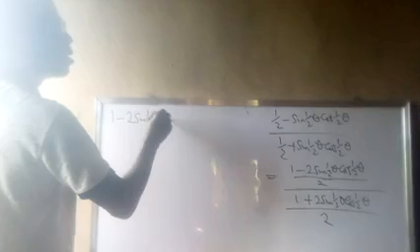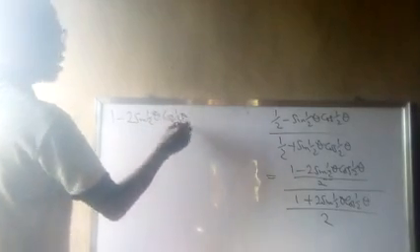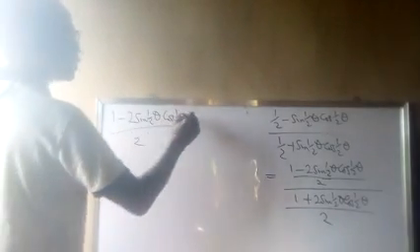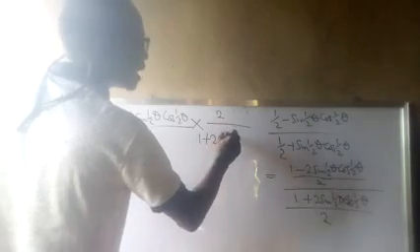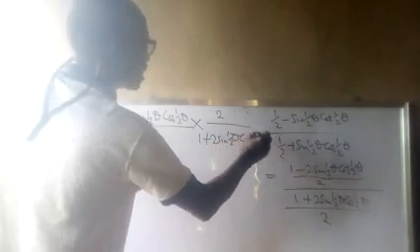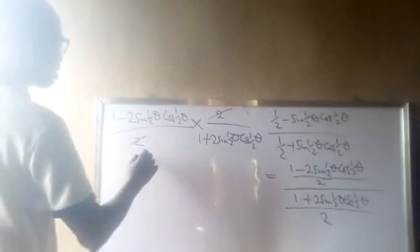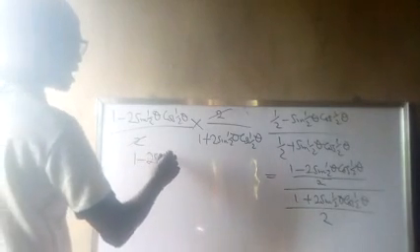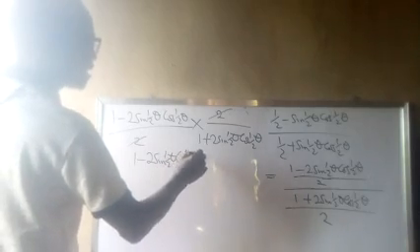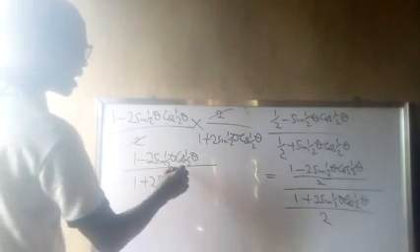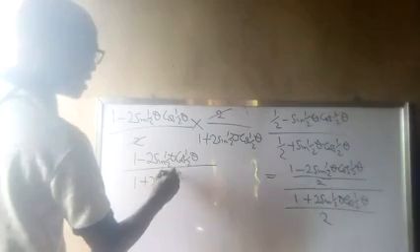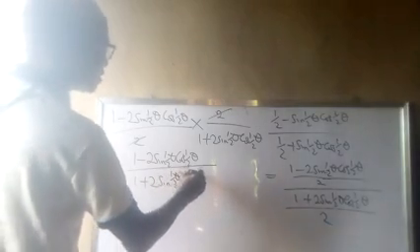How? Let's look at it. So we have 1 minus 2 sine half theta cos half theta all over 2, multiplied by 2 all over 1 plus 2 sine half theta cos half theta. So this will cancel this. So you have 1 minus 2 sine half theta cos half theta all over 1 plus 2 sine half theta cos half theta.